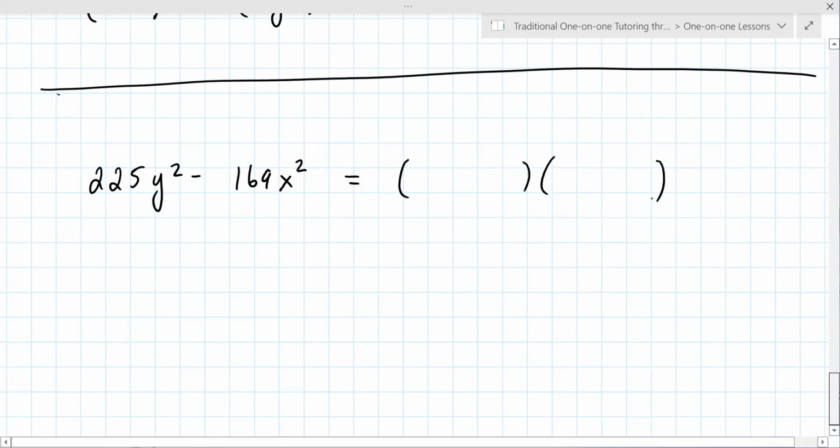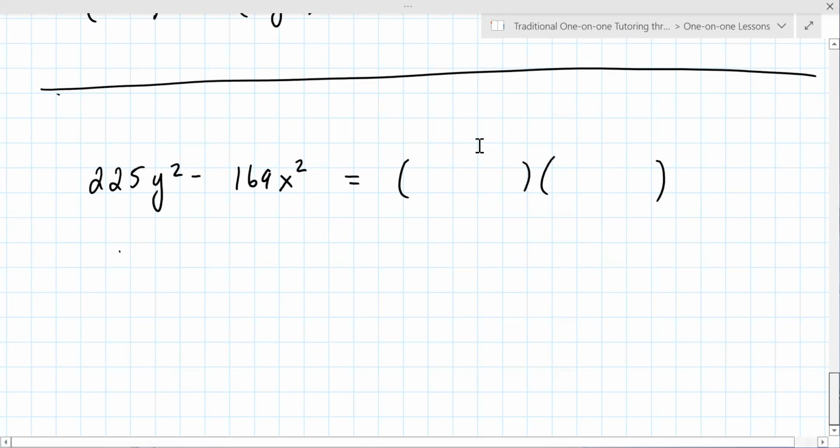I just want the final answer for this one. 15y minus 12x. 12x does not get you to 169x squared. I'm at 13x. Yes, there you go.